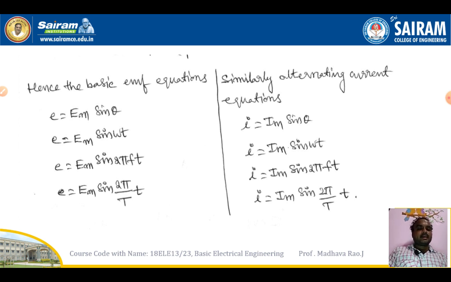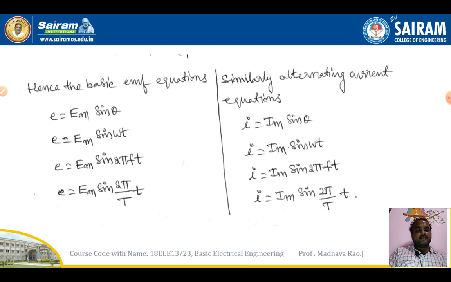Coming to the alternating current equations. Using the sinusoidal induced EMF e equal to Em sin theta, we can write current i is equal to Im sin theta. i is equal to Im sin omega t, where in place of theta we substitute omega t. Omega is equal to 2 pi f, so i is equal to Im sin 2 pi f t.